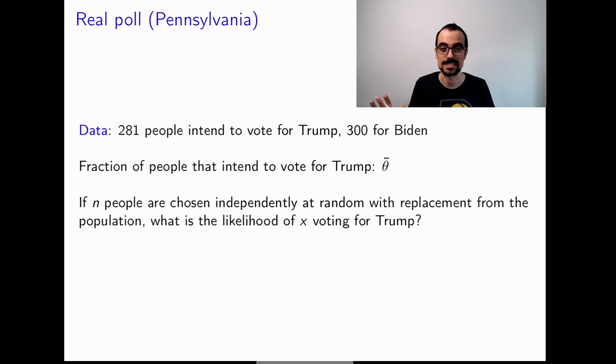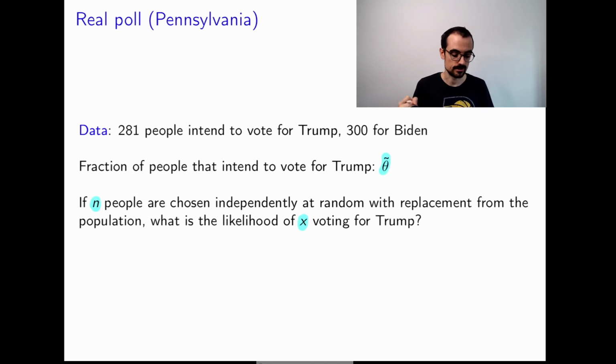But for the purpose of this example, we're just going to assume it. If n people are chosen independently at random with replacement from the population, what is the likelihood of x of them voting for Trump? So I pick someone at random, they vote for Trump or not. I pick someone else at random, and I pick n of them. For each of them, the probability that they will vote for Trump is theta.